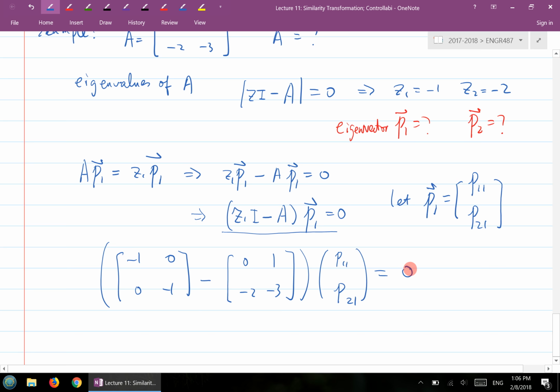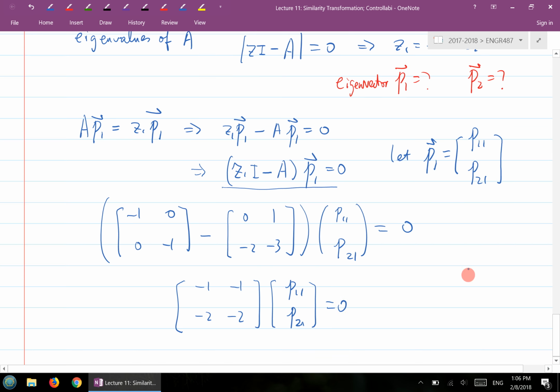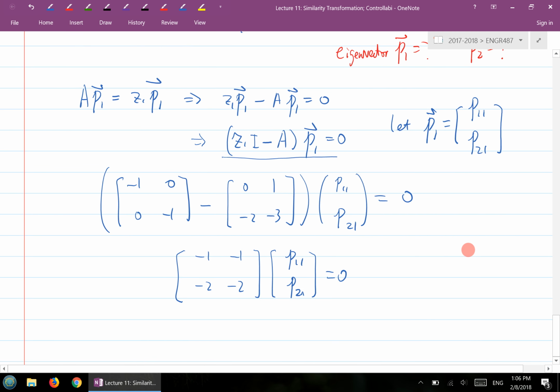Simplifying this, you end up with -1, -1, -2, -2, times P11, P21 equal to 0. So far so good?